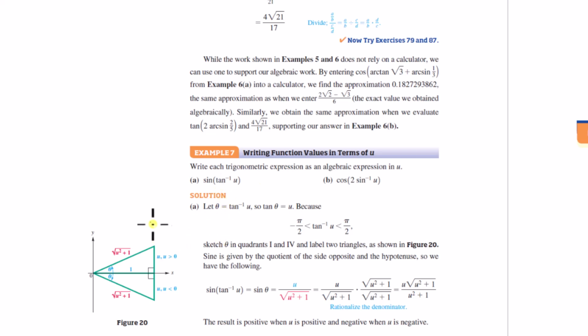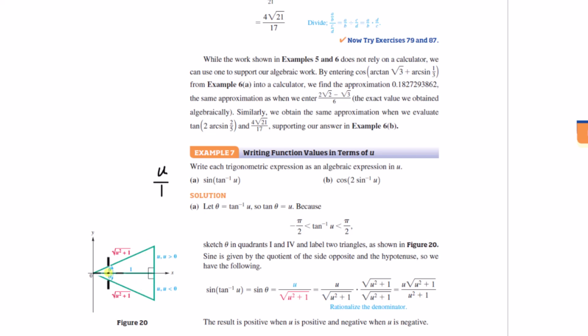So that means this angle is going to be something between minus pi over 2 and pi over 2. But u is a variable. u can be positive or negative. So what they do is they put a theta and minus theta, and u you can write as u over 1. So the horizontal side is going to have magnitude 1.